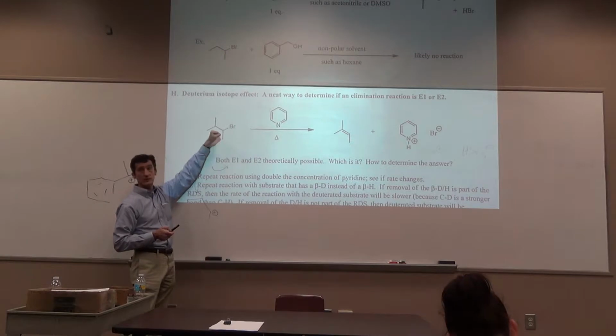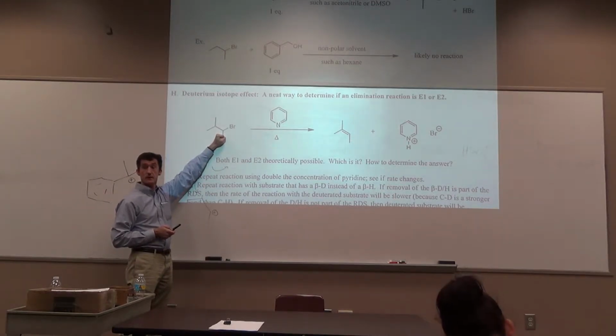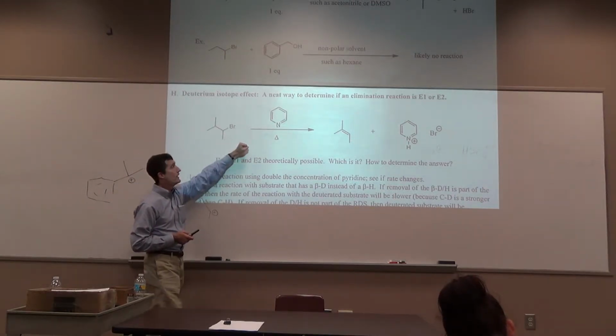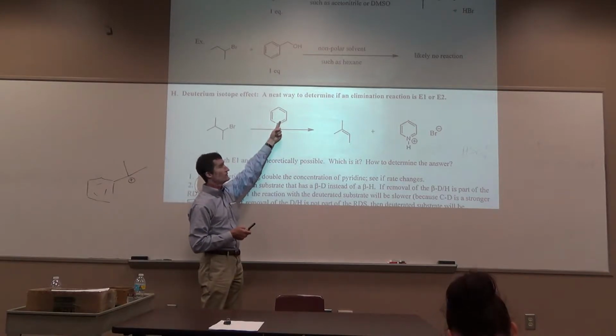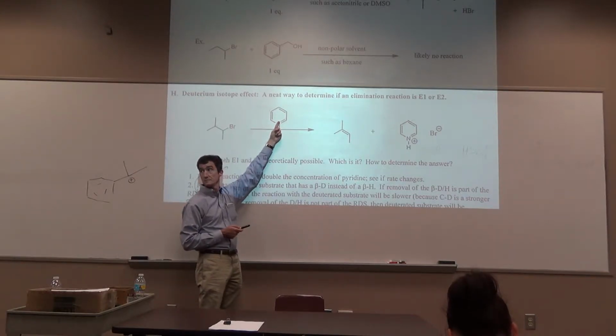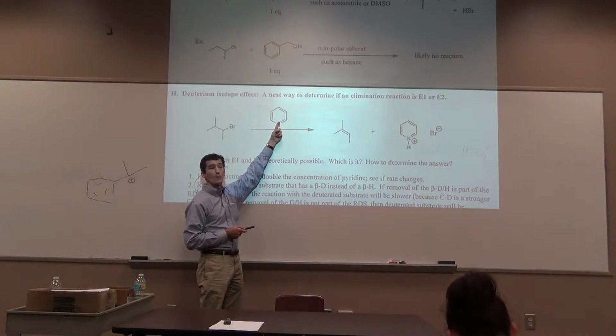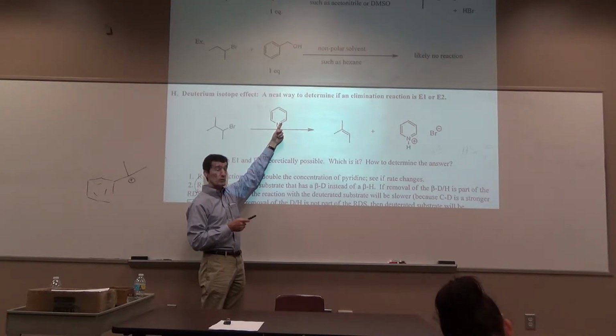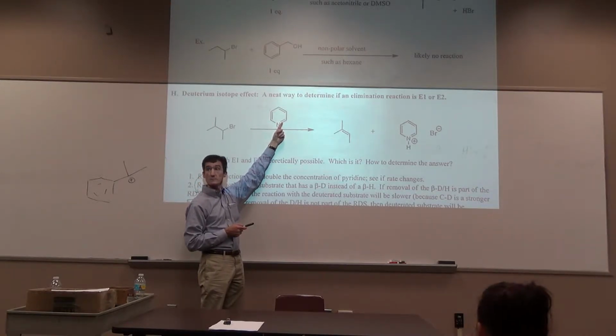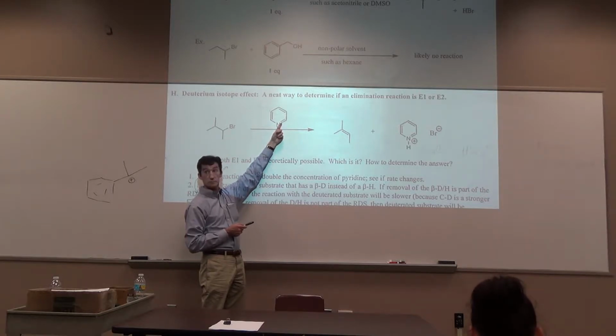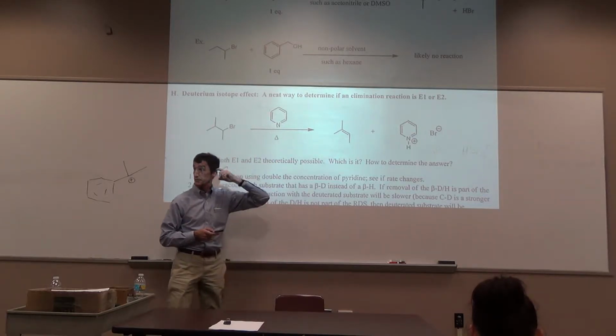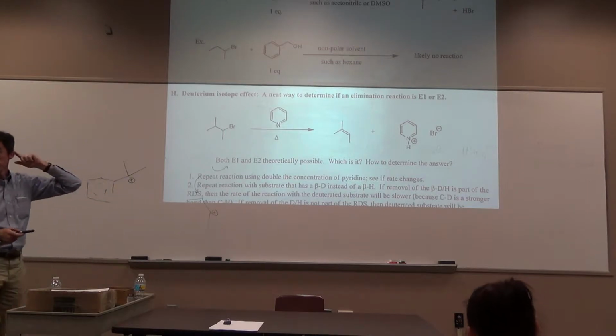If it's E1, only the substrate is involved. So if it's E1, you can change the concentration of your base and it won't matter. What if you double the concentration of the base and the rate doubles? Sounds like the base was involved and thus it's E2. So you could do just a rate study.